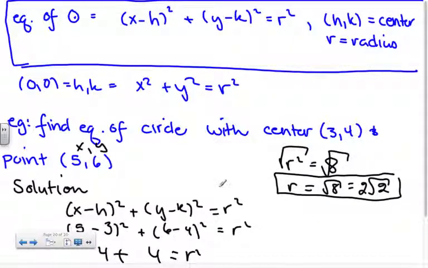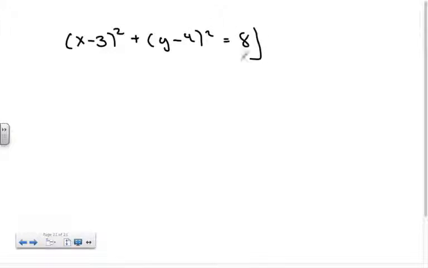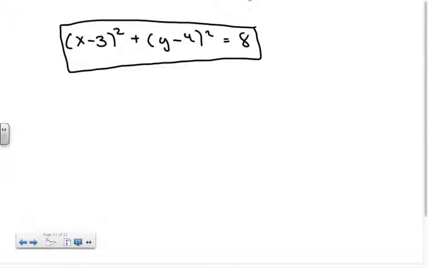As such, the equation of the circle will become x minus 3 squared plus y minus 4 squared equals 8. So that's it. Everybody follow this idea? I do it a little bit different from the book, but that's okay, it's the same process.